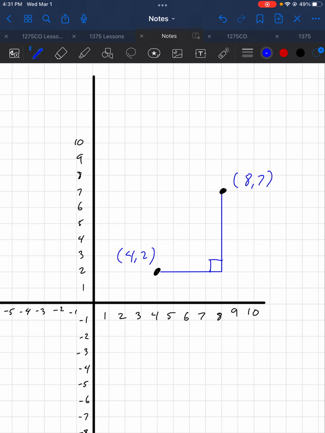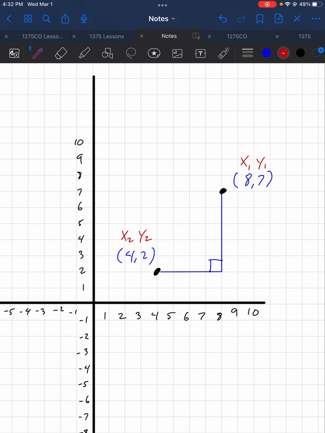And we counted the boxes to find that distance. This ordered pair 8, 7, and this ordered pair 4, 2, are two different ordered pairs.